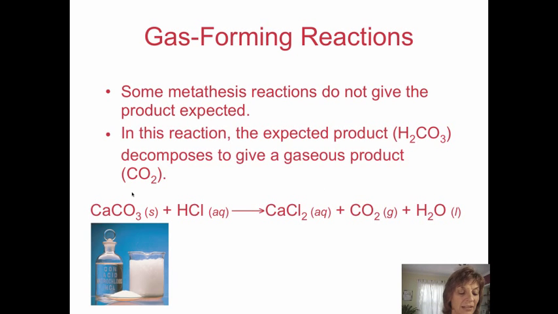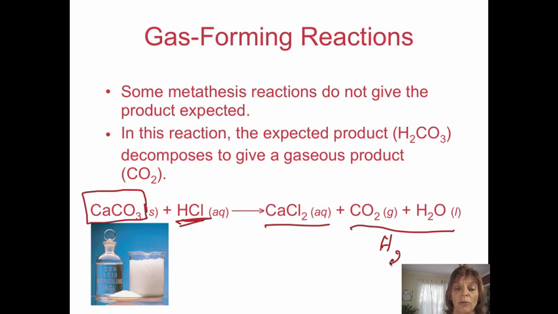For instance, if we have a limestone statue and there happens to be acid rain in the area, your limestone would go through a metathesis reaction to form calcium chloride, that's salt, and you would expect it to form H2CO3, but that's not all that stable, and so you'd get carbon dioxide and water. That's one that you should be familiar with because it'll come up quite often.